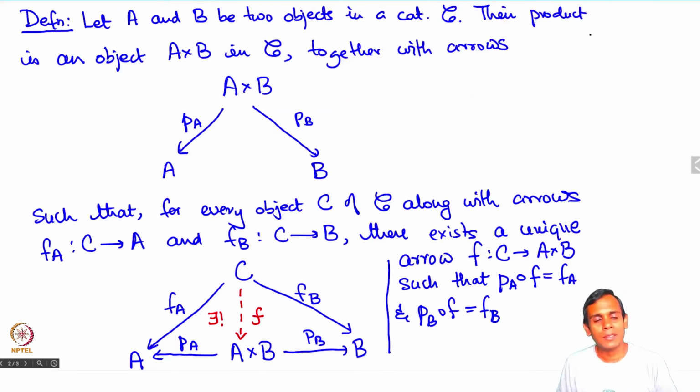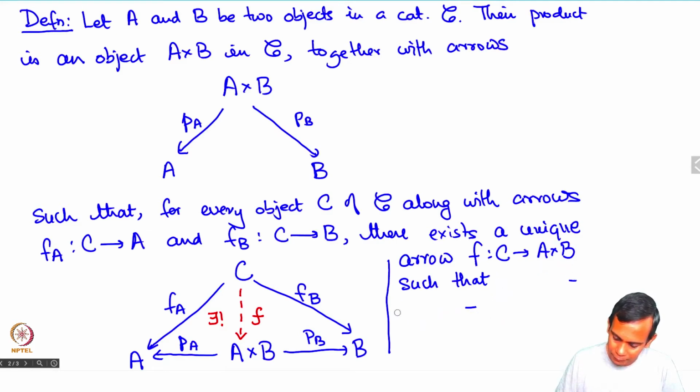So coming back to the definition of a product, I can try to rewrite it as: there exists a unique F from C to A cross B such that this diagram commutes.